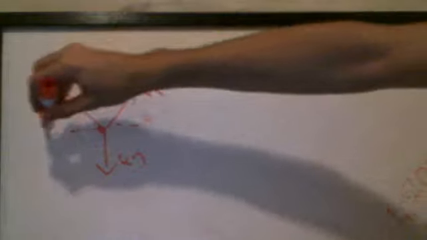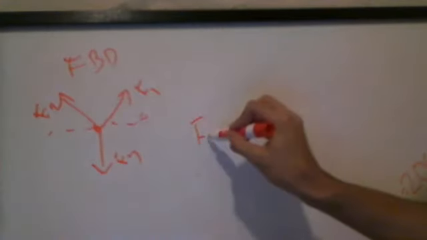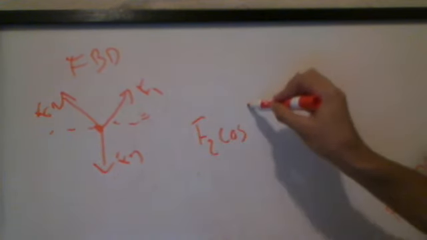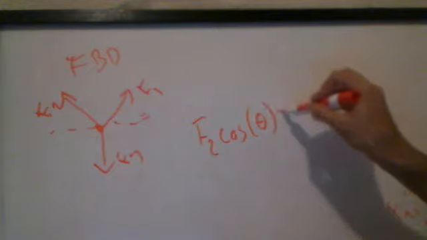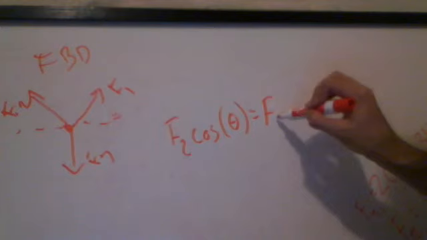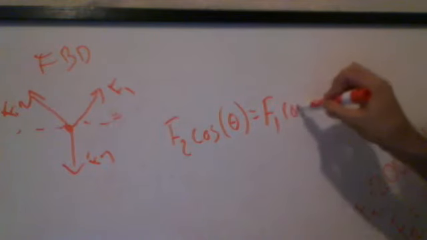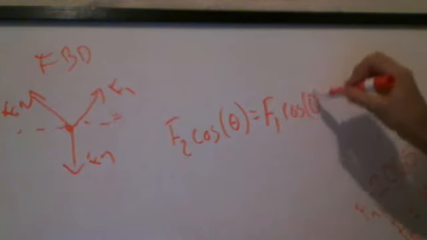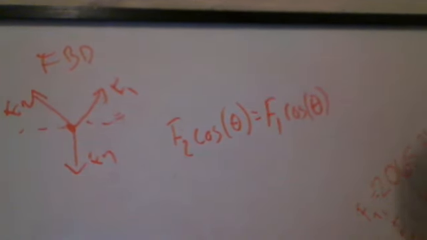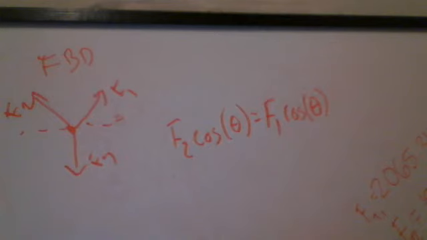Alright, so the x's have to cancel. So F2 cosine of whatever degree it was is going to be equal to F1 cosine of whatever angle that turns out to be. So let me plug it in just to make sure.